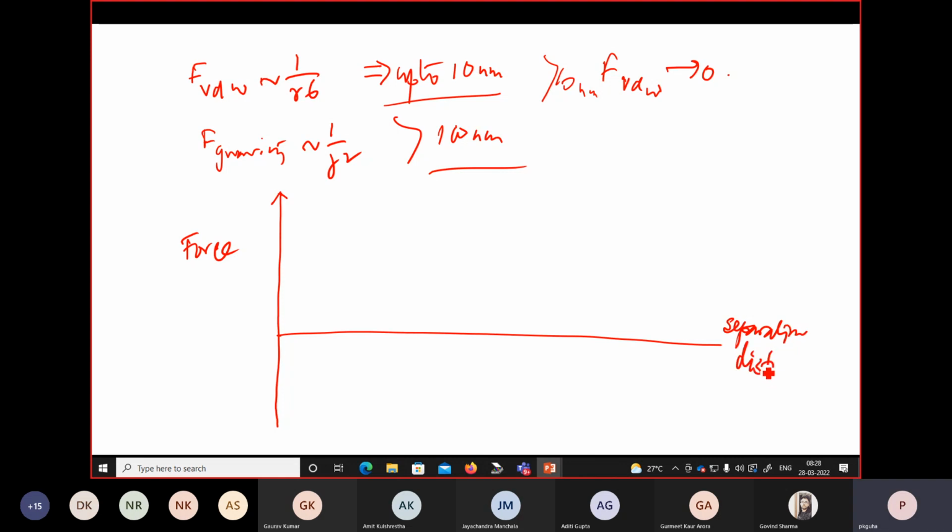What is separation distance? That is the distance between the tip and your sample. So if the distance is too high, you hardly notice this van der Waals force. So we can have an experimental plot like this.